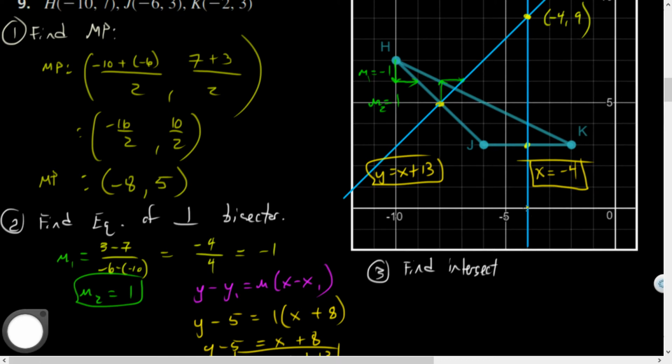Yep, it passes through the x-axis at -4. A vertical line is going to be an equation x equals a number. Horizontal lines will be y equals a number.